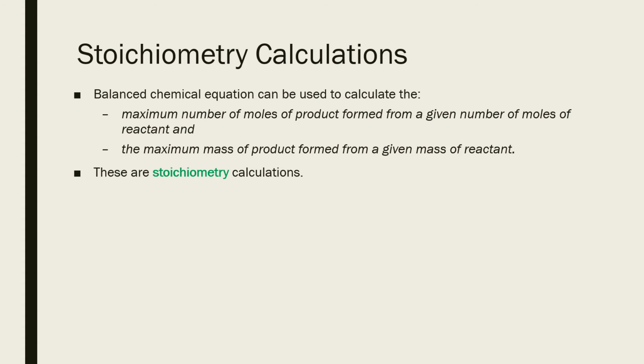From the balanced chemical equation, it is possible to calculate the maximum number of moles of a product that can be formed from a given number of moles of reactant. This means that we can also calculate the mass of the product formed given the mass of the reactant. And this is known as stoichiometry calculations.